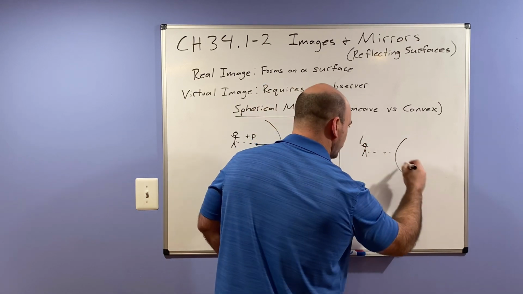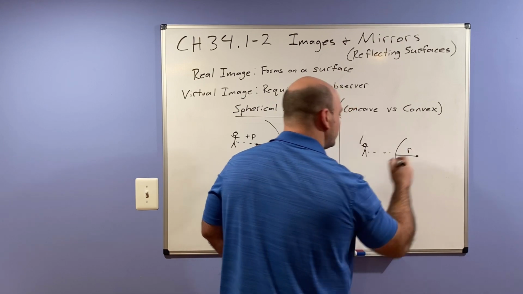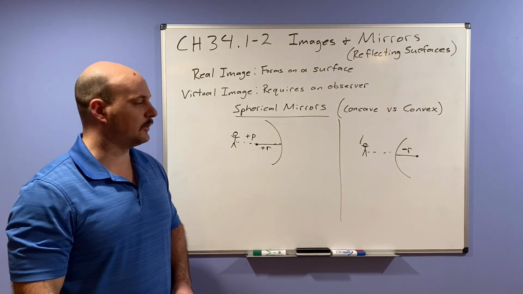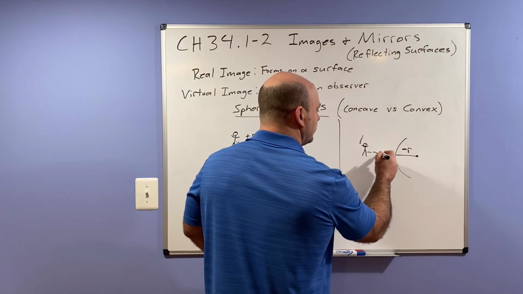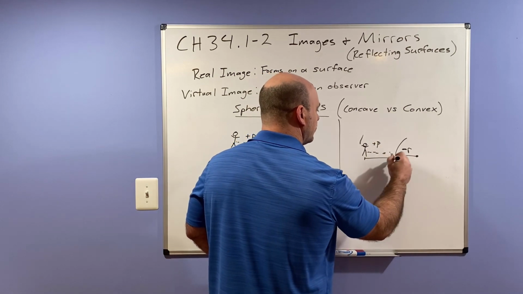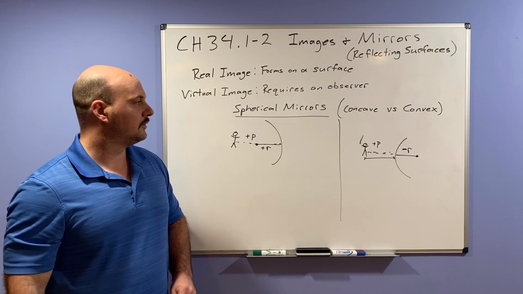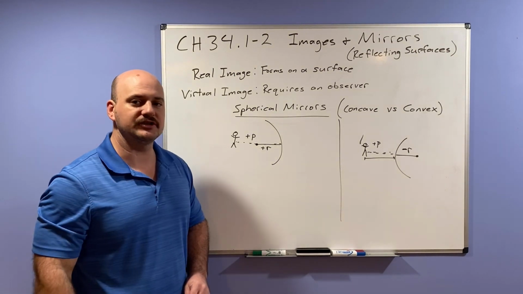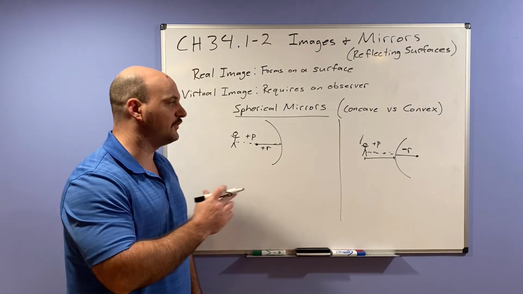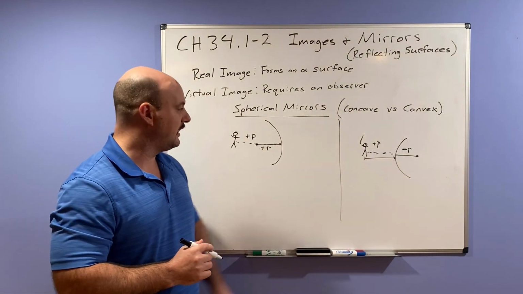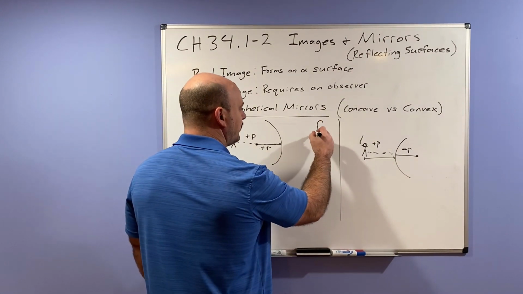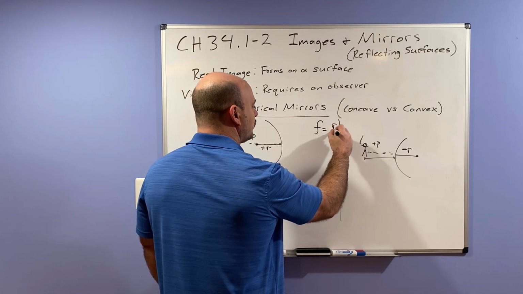A convex mirror curves away from the object with a negative radius of curvature, R. Again, the object distance is always positive. It's measured here. So concave has a positive radius of curvature, and convex has a negative radius of curvature. Now, for spherical mirrors, both concave and convex, the focal length, f, is equal to half the radius of curvature.